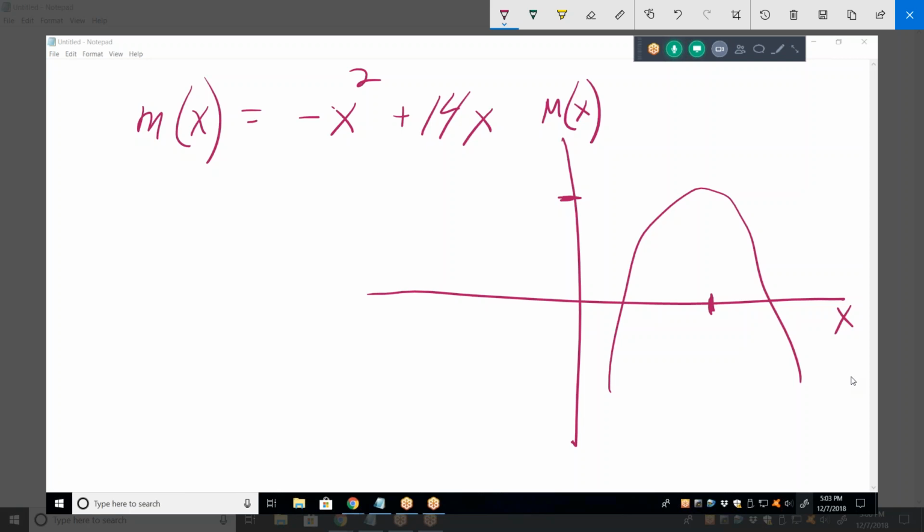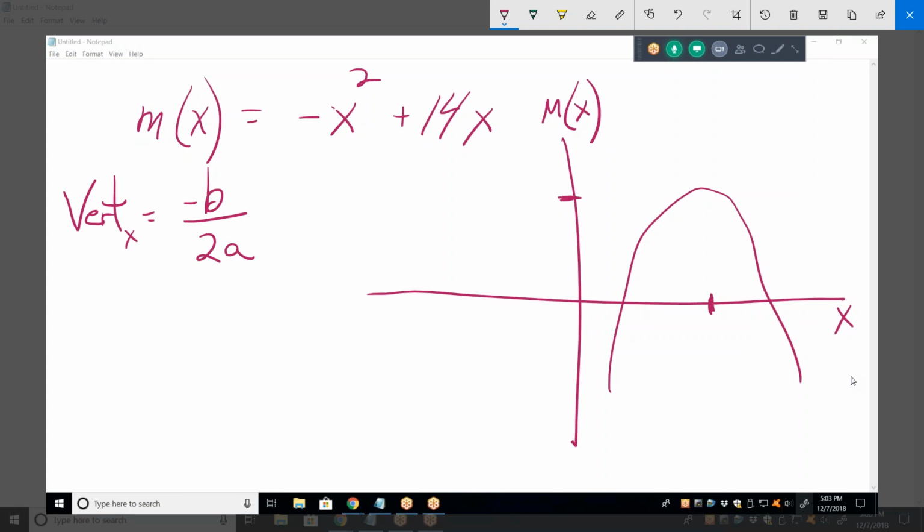Okay, there's a rather easy way. There's a number of ways to find a vertex. A lot of it depends on what format they've given you the quadratic in. Well, this is in pretty standard format. So if I want to know the x coordinate of the vertex, it's minus b over 2a.